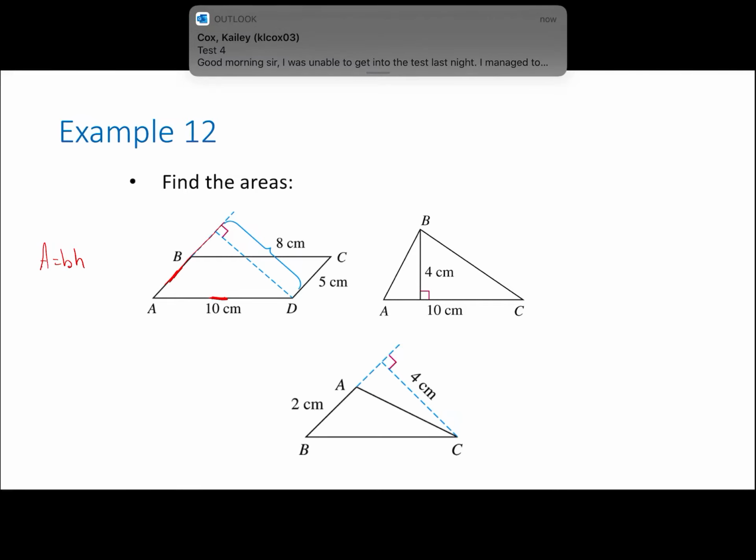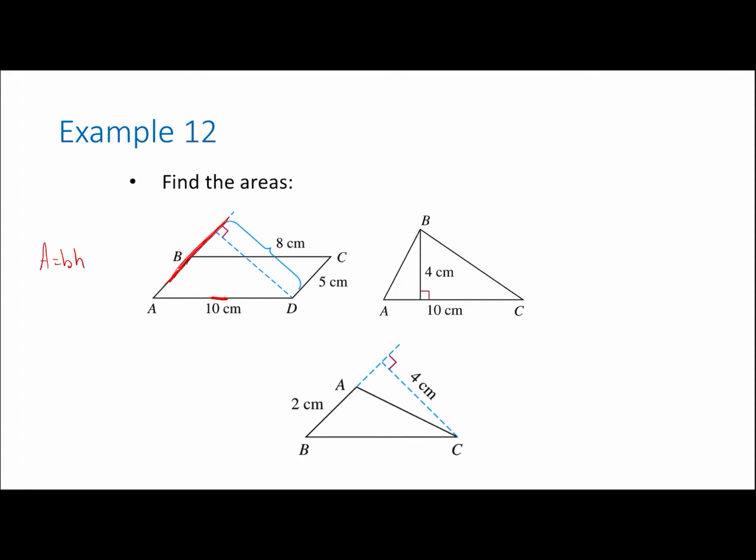So in this case, this has to be our base, this length, right? But it's only from here to here. Now, what's the measure of that side? Well, it has to be 5 units because this side is 5 units, and we know that in a parallelogram, opposite sides are congruent. And so our base then is 5. The height, which you see here, has to be the 8.